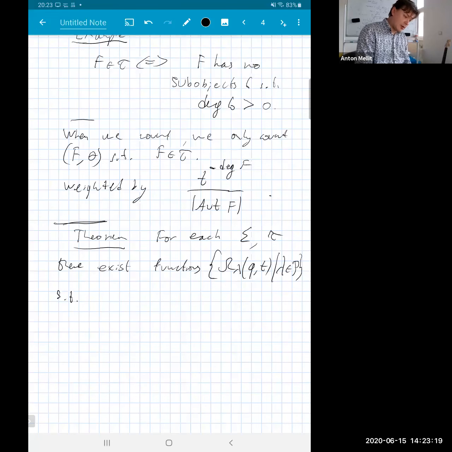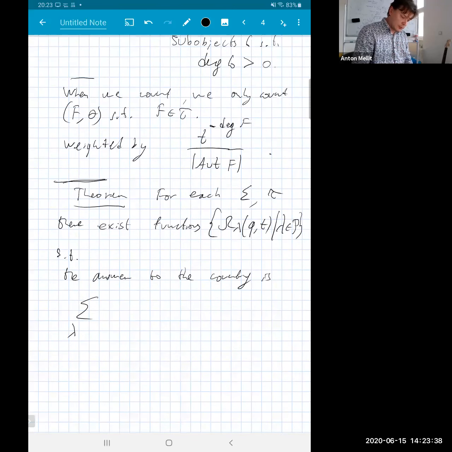The answer to the counting, if you restrict the rank, is the sum over all partitions of omega lambda of q, t times Macdonald polynomials.